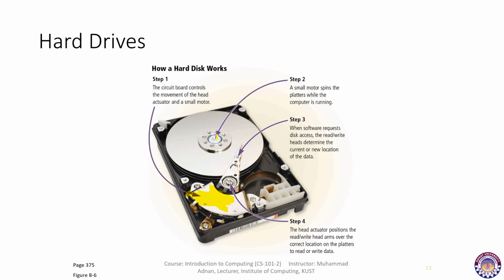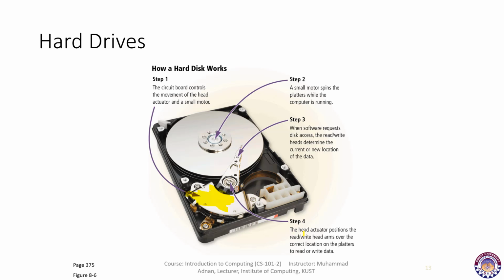So when the computer is turned on and running, this small motor spins the platter in a circular fashion. In step 3, when software requests disk access, the read-write head determines the current or new location of data, that is, the exact location of the item to be read.